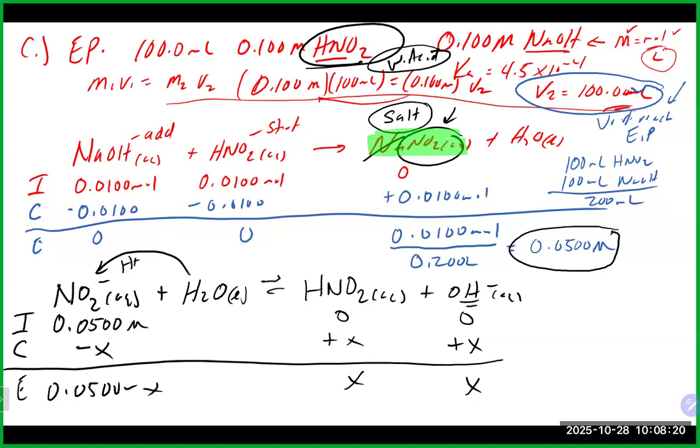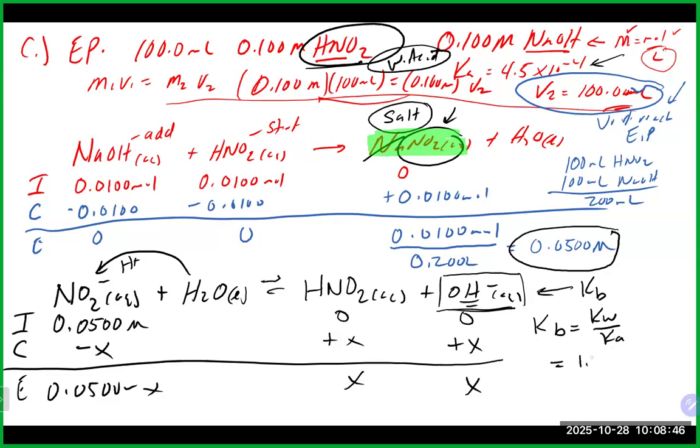Now, because this is basic and we did produce hydroxide here, we should remember that in our calculation here, we do need to use a Kb value and not a Ka value, not the one that was given to us. So we do need to use that relationship of Kw. So the Kb in this case would equal our Kw divided by the Ka.